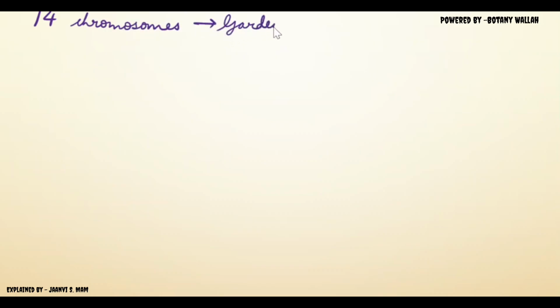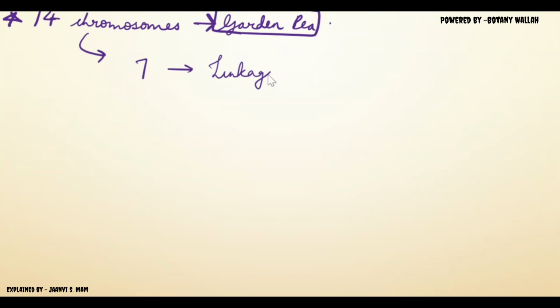This is the pea which was used by Mendel for his experiments in the field of genetics. So the haploid number is 7, so there are 7 linkage groups in garden pea.